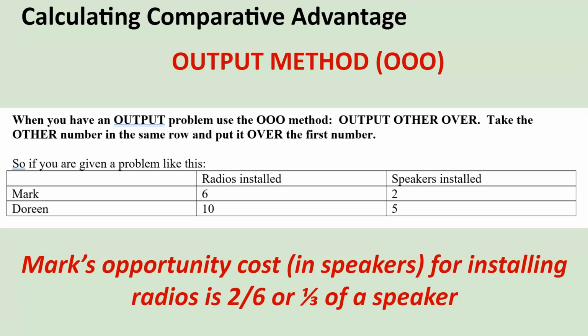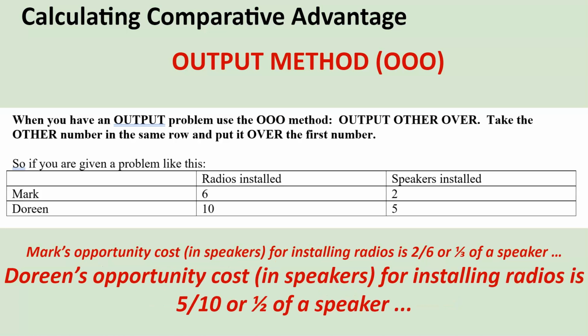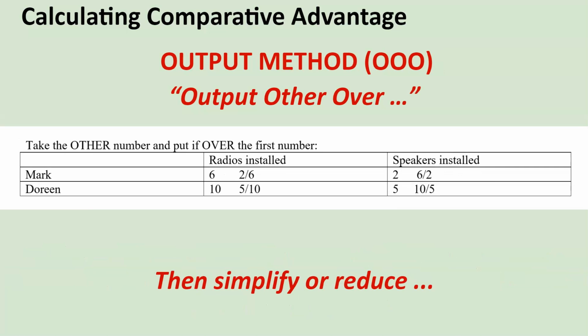Now, if we break that down for all 4 of these, for Doreen and for Mark, what we see here is that you have Doreen then, who is giving up output other over, so it's 5/2 or 1/2 of a speaker in order to install a radio. And then likewise, she's giving up 10/5 of a radio or 2 speakers in order to install the speaker.